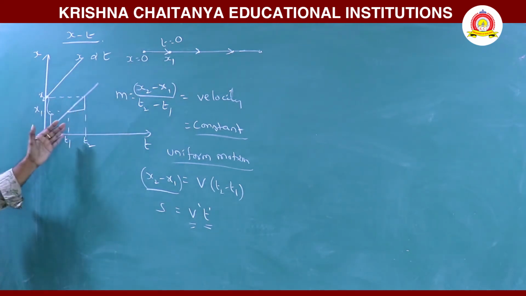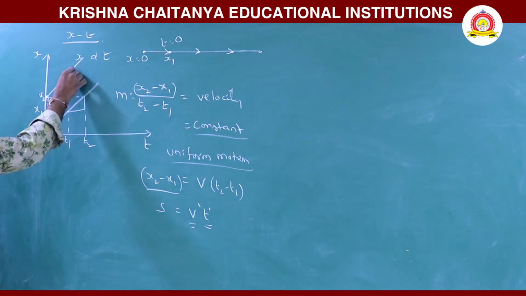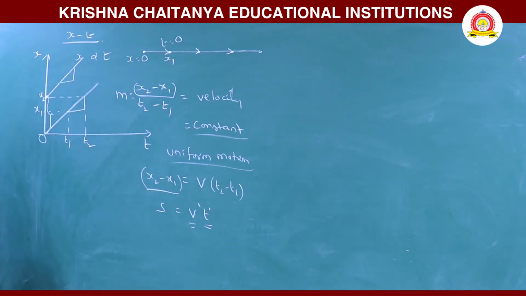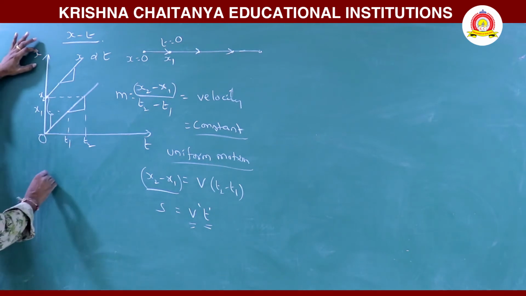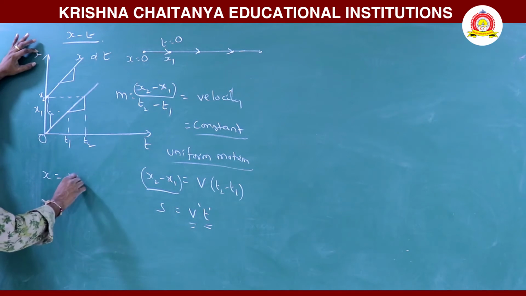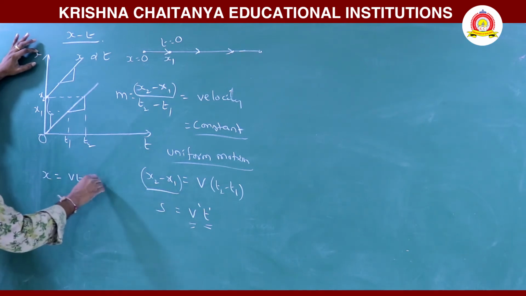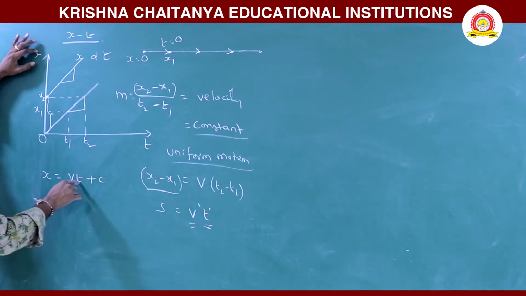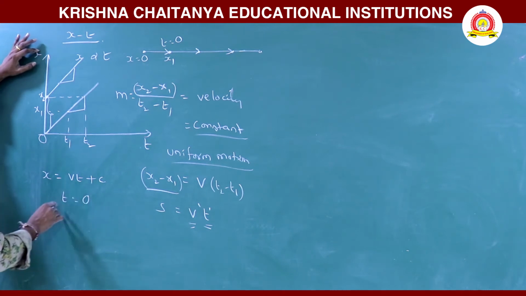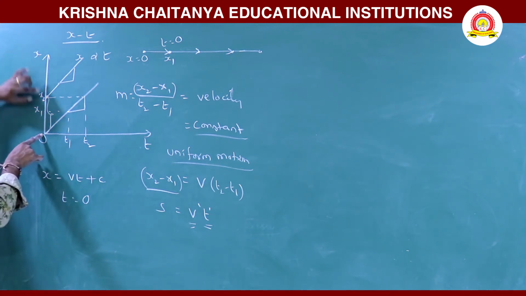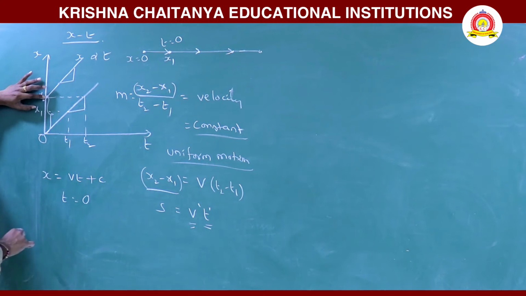But for the two graphs, the slope is constant since it is a straight line. Here this is y is equal to mx plus c, where y is position, m is velocity, x is time, plus c. When time is 0, there is some position, and that is c.